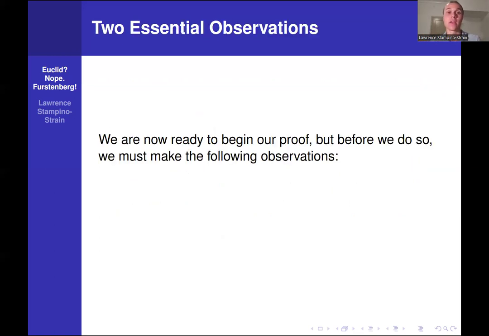So now that we've done that, let's move forward and make two essential observations about our topology, right? These observations are very, very important, so spend some extra time thinking about this if need be, because these are very essential to our proof. We're now ready to begin our proof, but we need to make these observations.